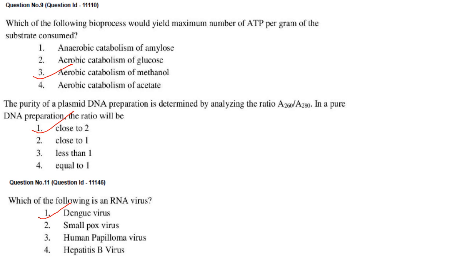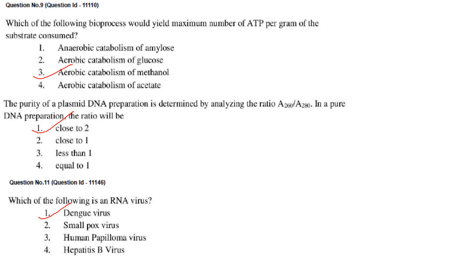So methanol is the answer. Aerobic catabolism of methanol. Because smaller molecular weight, more energy is released. And moreover, methanol is the most reduced form out of glucose and acetate. So more reduced form means it has more energy. So aerobic catabolism of methanol is the answer.